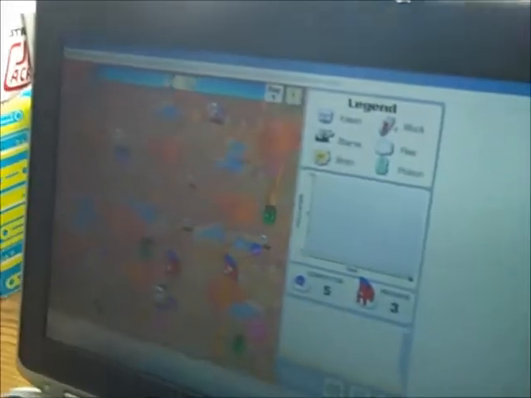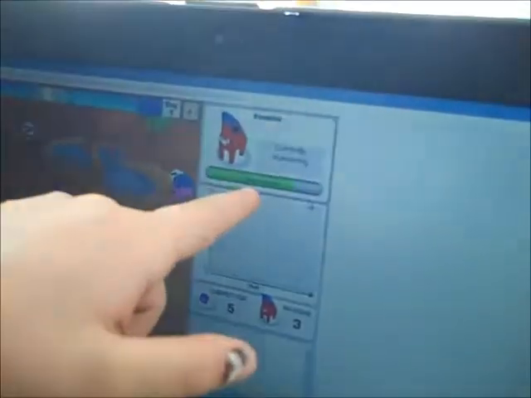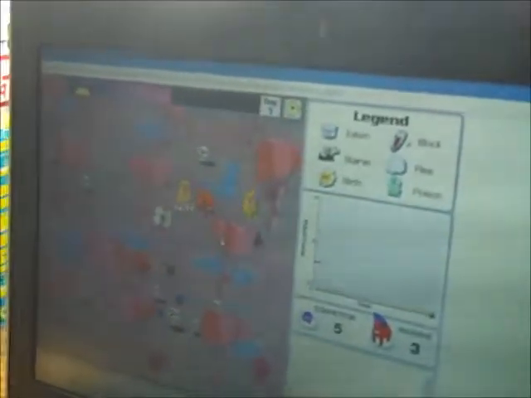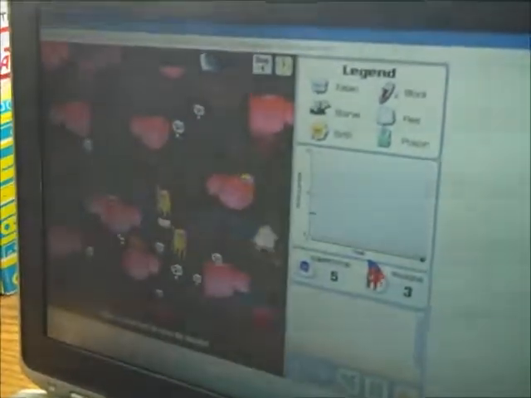After I do that, mine will be fine. So if I click on them, you can see how hungry they are. Like, the enemy is not starving. And so I am huge.